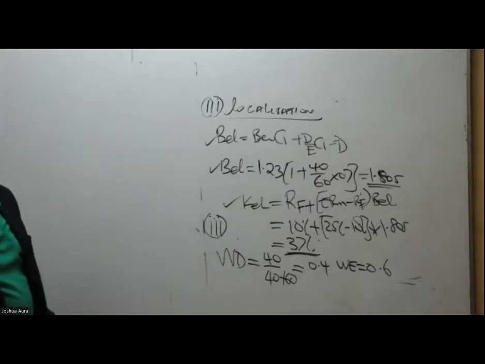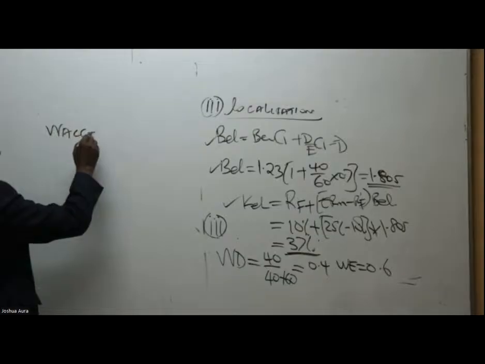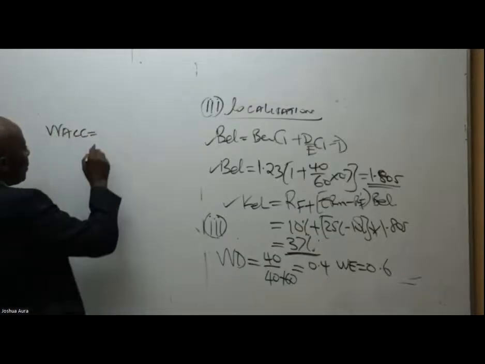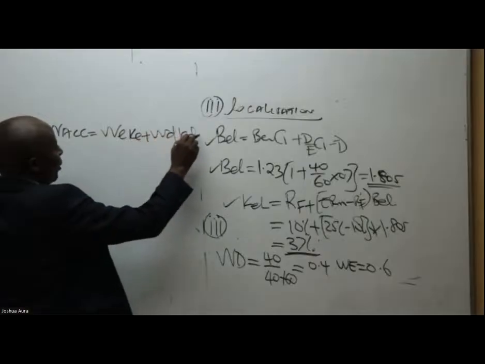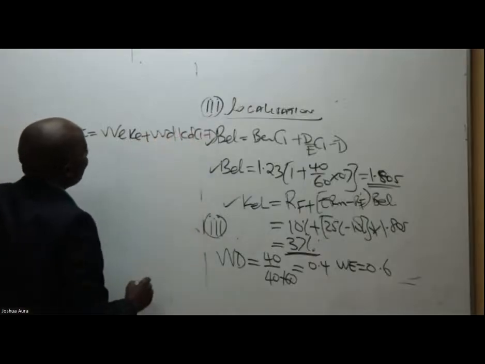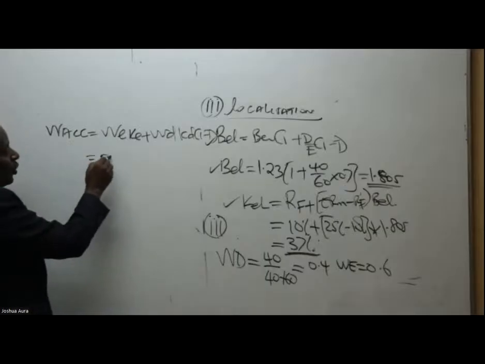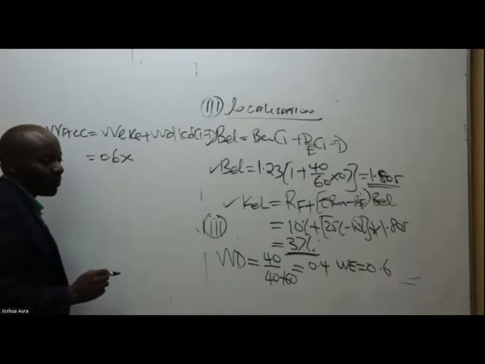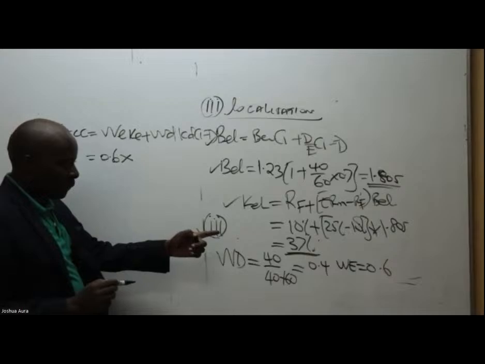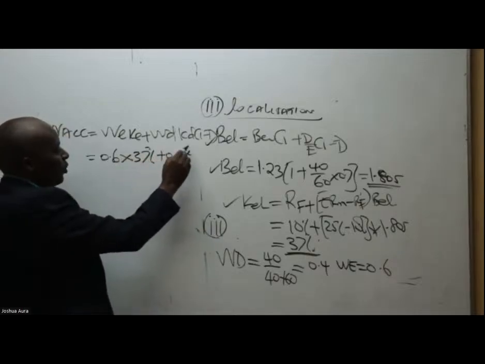All right. So after that, ladies and gentlemen, please go ahead and give us WACC. So WACC will be weight of equity, cost of equity plus weight of debt, cost of debt into 1 minus taxation. So now we have everything. Weight of equity is 0.6 times cost of equity. What is the cost of equity? 37%. Plus weight of debt 0.4 times cost of debt.